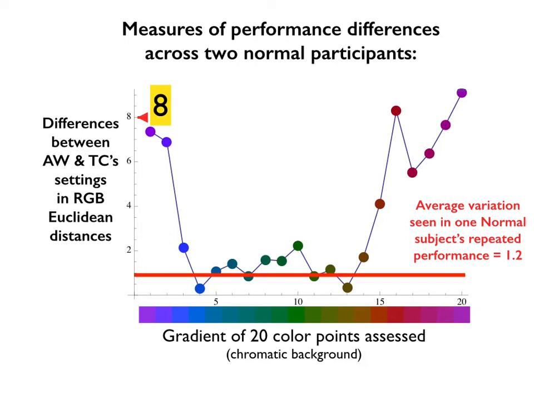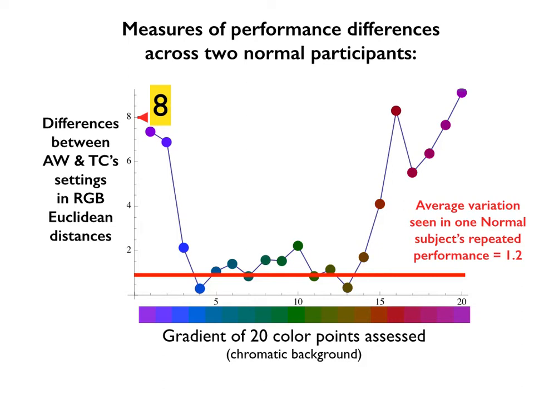In the case of this graph here, the maximum obtained between these 2 normal subjects in terms of a difference is 8 Euclidean distance RGB units, as shown in the upper left-hand corner of this graph. That is compared to the average difference that is seen for the same subject repeating the experiment more than 1 time.